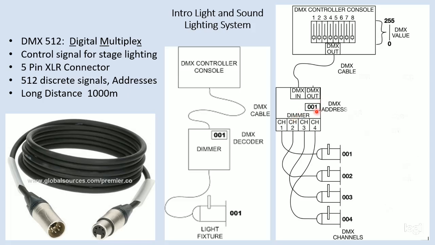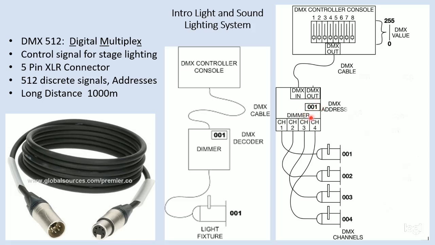This dimmer then needs a starting address, right? It needs to know where to begin listening to the signal that we're going to be sending to it, right? So the easiest way to think about that is the starting address is going to be for the beginning of where this dimmer pack is.